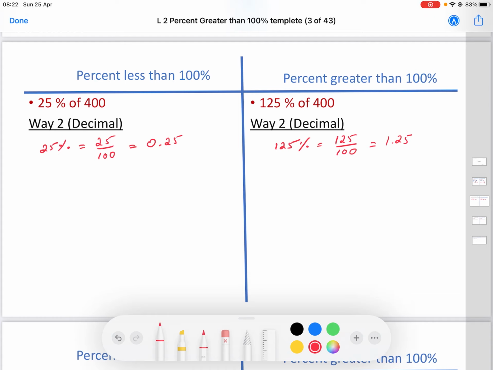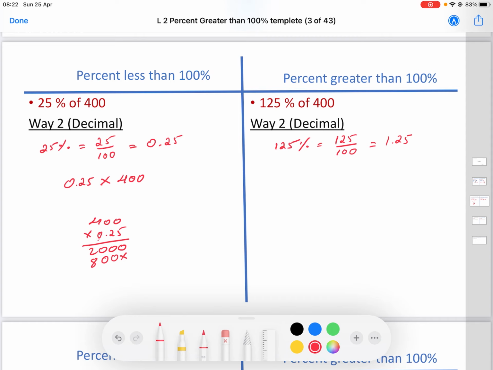Therefore, to find 25% of 400, we can multiply 0.25 of 400. Of is related to times, multiplication. So let us see, 400 times 0.25. 5 times 0 is 0, 5 times 0 is 0, 5 times 4 is 20. And we are taking it to the second place. 2 times 0 is 0, 2 times 0 is 0, 2 times 4 is 8.